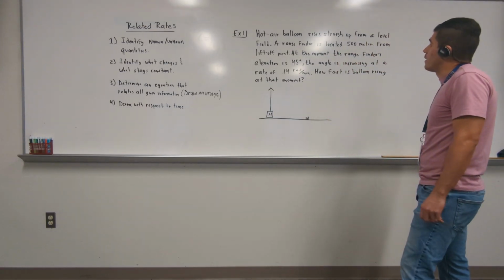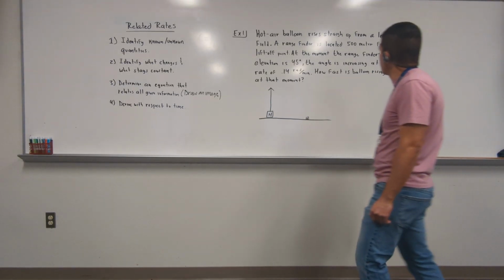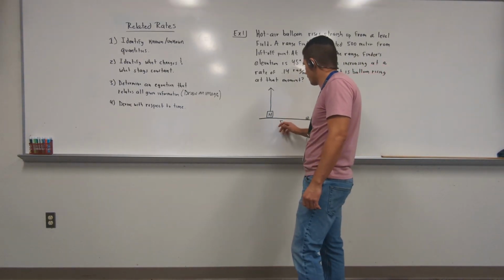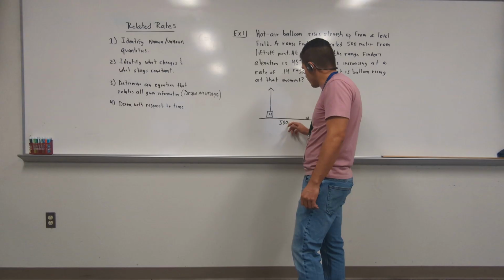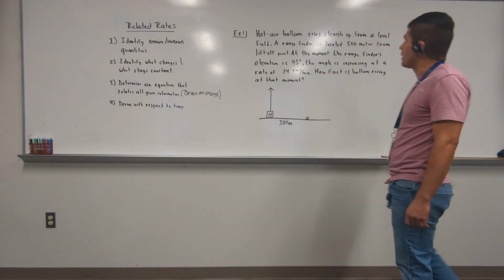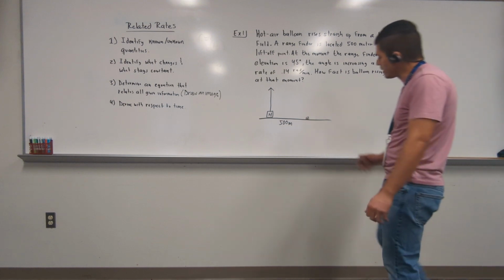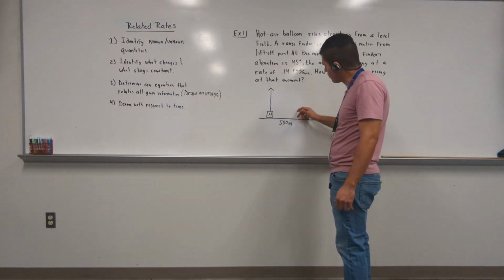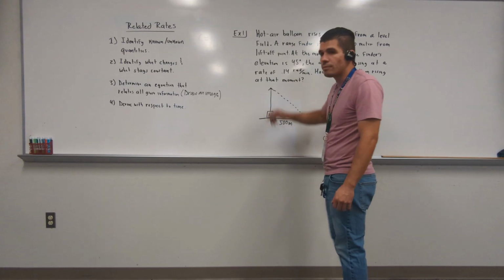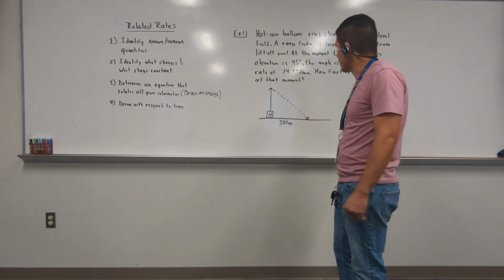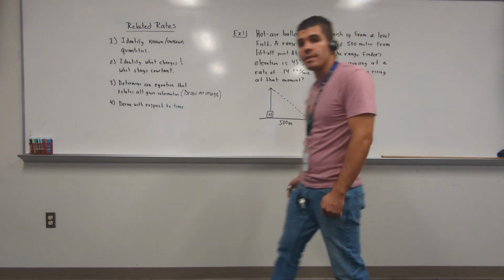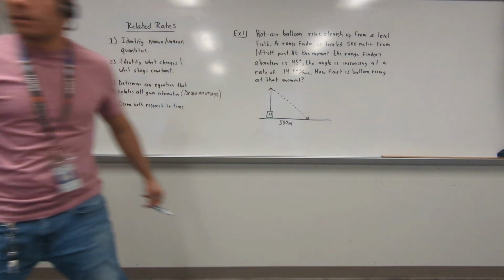I know that it's 500 meters away, so I'll label that as 500 meters. What it does is it's going to help you measure angles and distances for this scenario.